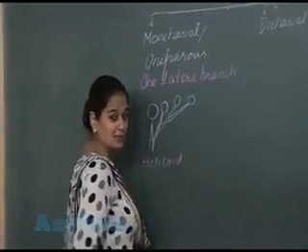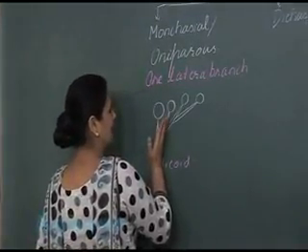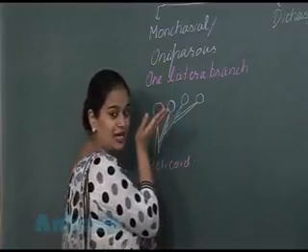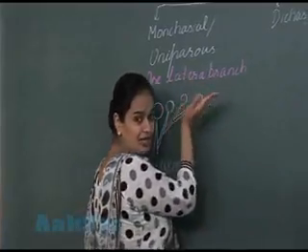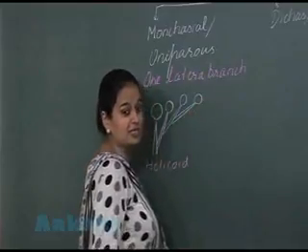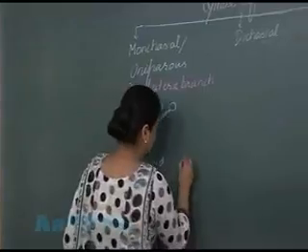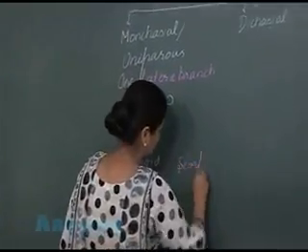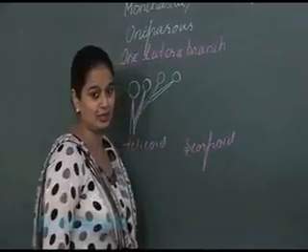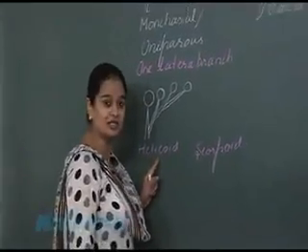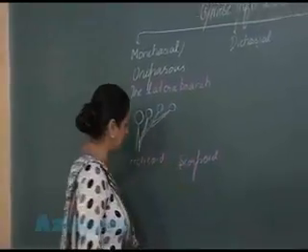But sometimes what happens कि अगर एक branch arise हो रही है left side तो फिर एक arise होगी right side, then again left side and then right side. If this type of the condition is there, then this type of the cymose inflorescence it is known as scorpioid type. तो helicoid के अंदर क्या condition है? All the branches they are arising on the same side.